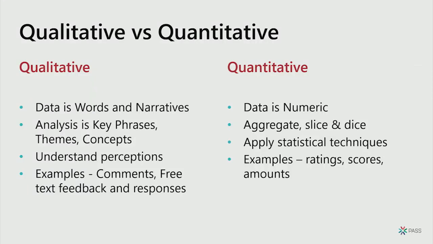All right, so qualitative versus quantitative. You have 2 types of data. You have text, you have numbers. The way you analyze these 2 different types of data is different, right?